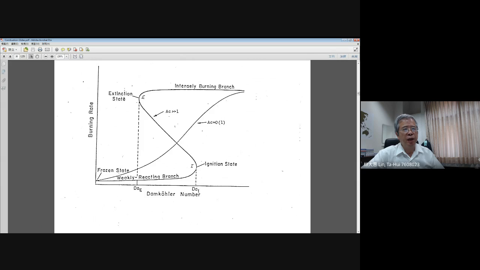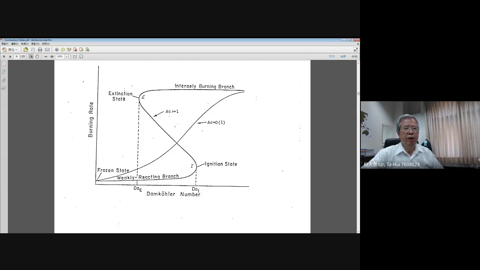At a certain point, something happens. Strong chemical reactions occur, and at this point the burning rate will jump from the very small burning rate, a very weak burning situation, to a certain high burning rate at the higher position. Then from the ignition state it jumps to the intensively burning branch.